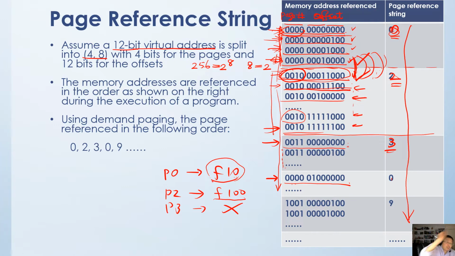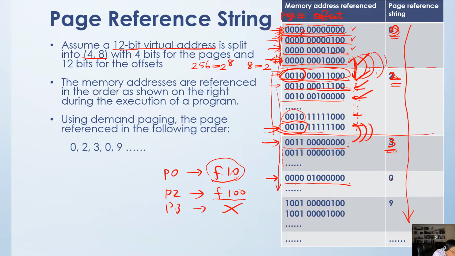So there's a big jump, okay? But once you jump to page 2, the next virtual address is going to be nearby too, right? Then there's another jump, from the instruction in page 2 to page 3.